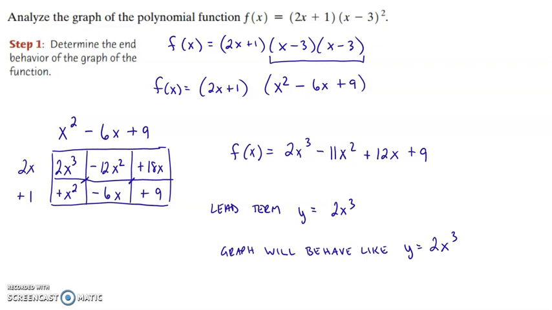If we just give ourselves a little mini sketch of the 2x cubed function, it'll look something like this. So it's going to start low and end high. So let's go ahead and take a look at our next step.